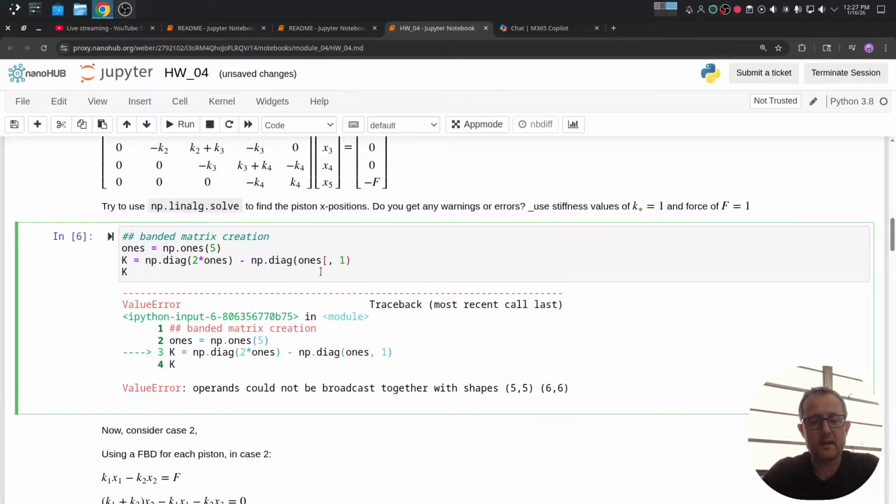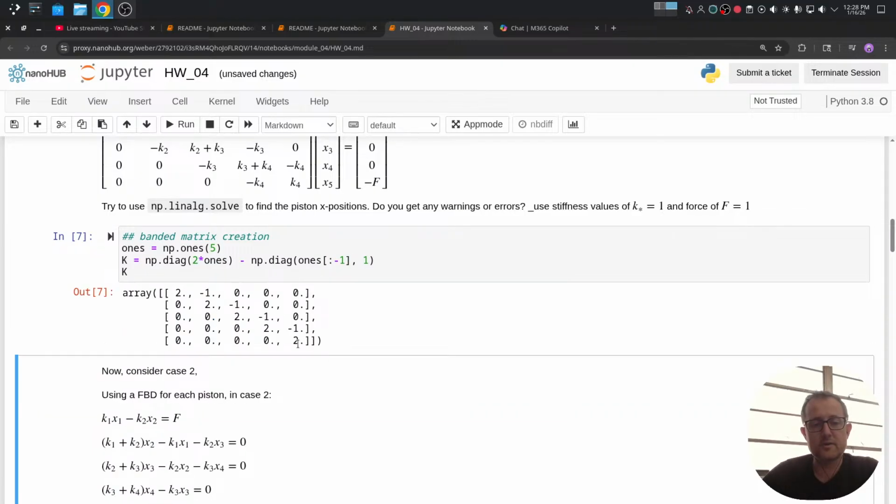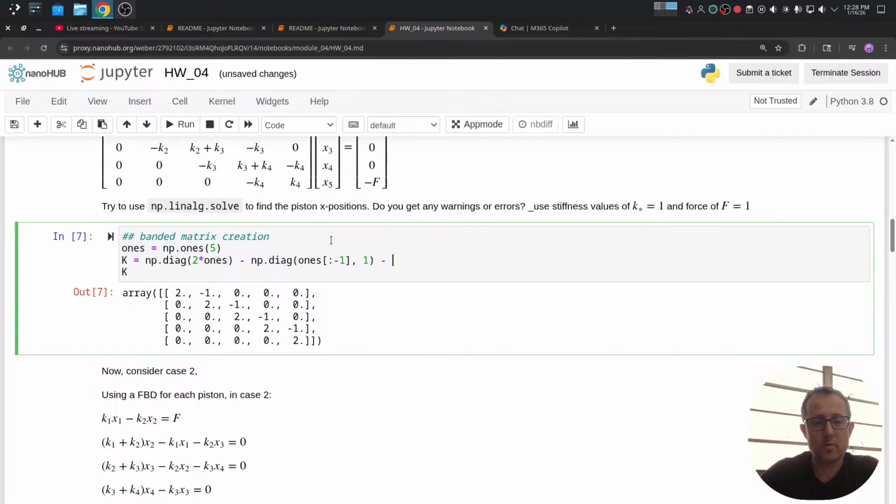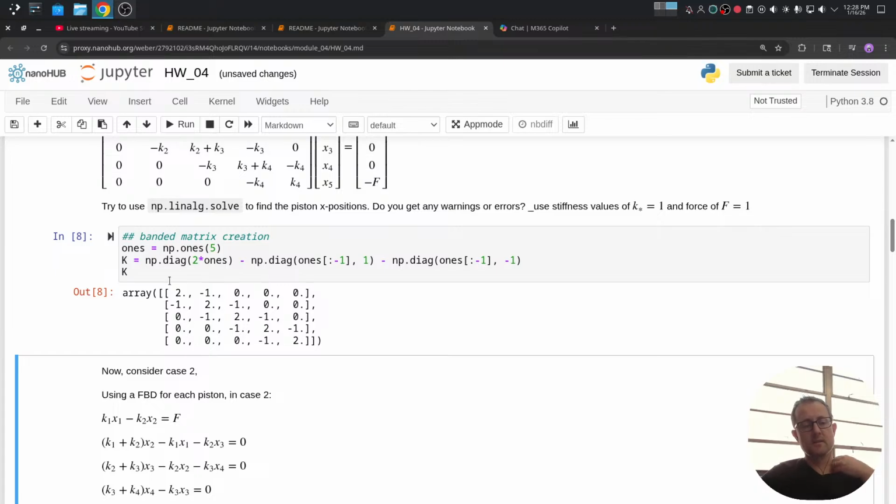So really I need to say, give me all except for that last value. Now I have 2s and negative 1s, and then I'll subtract 1 more, same thing, but instead of moving it one step up, I'm going to move it 1 step down, just like this.